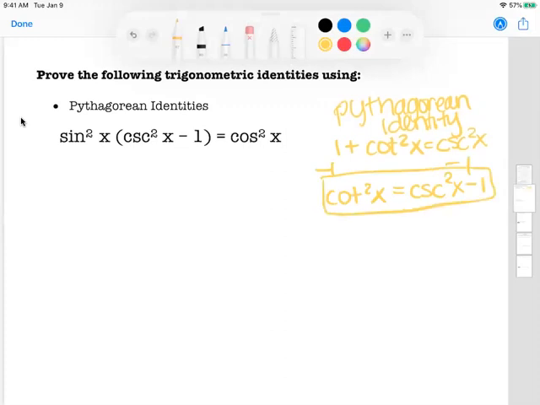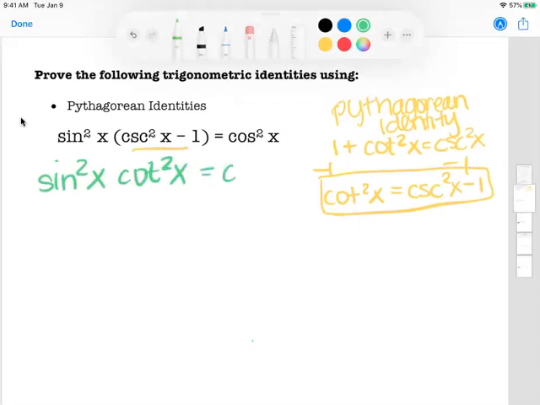And this matches what I have here. So I can now, remember it's an identity, so I can just interchange that with the other component. So that is going to simplify this to be sine squared x times cotangent squared x equals cosine squared x.